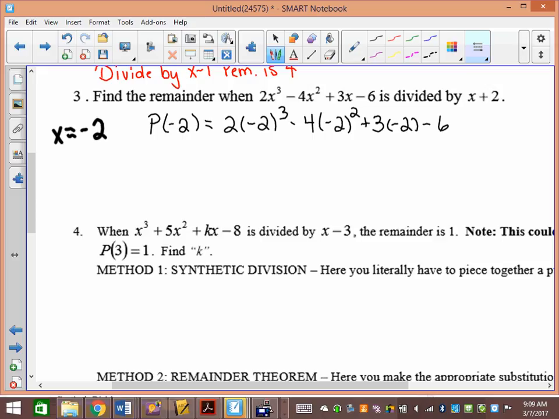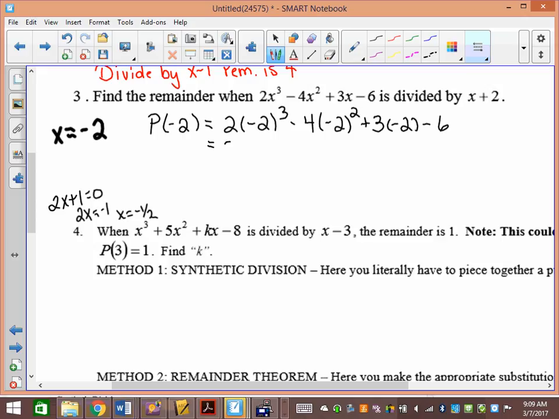And you may think this is harder, but you'll also be getting ones like, for example, say you get 2x plus 1 is what you're dividing by. What would you fill in? Negative 1/2, because you'd set it equal to 0. 2x equals negative 1. And then x would equal negative 1/2. So you'd actually have to fill in a fraction. Okay? If you have not just x plus something or x minus.